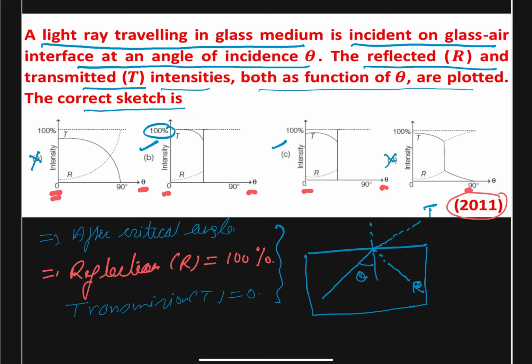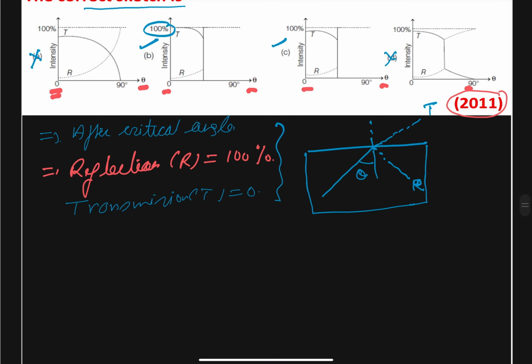We can just draw a straightforward conclusion that even at 0 degree there is partial transmission and partial reflection.